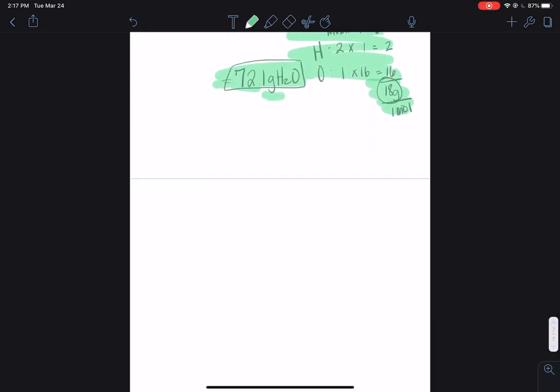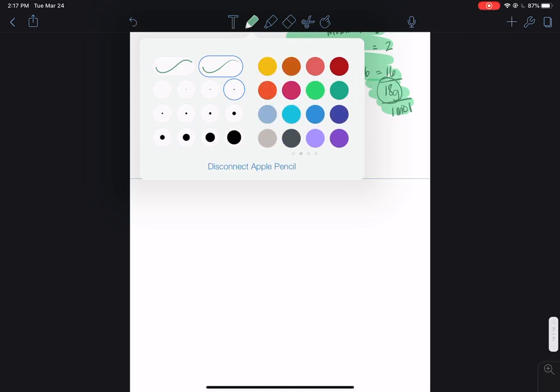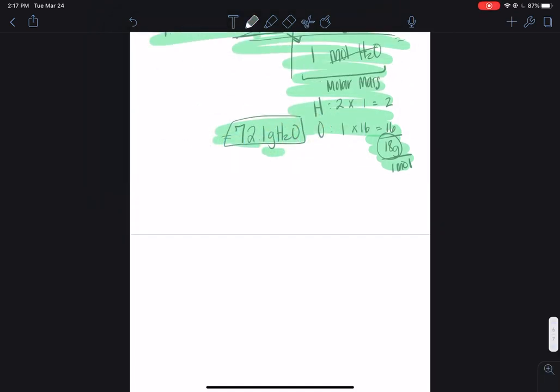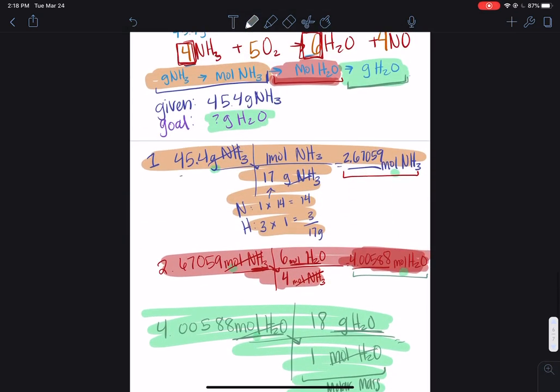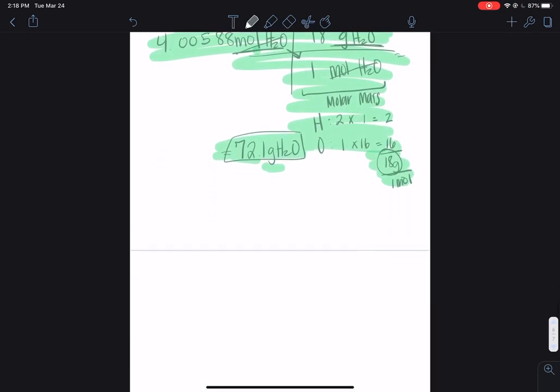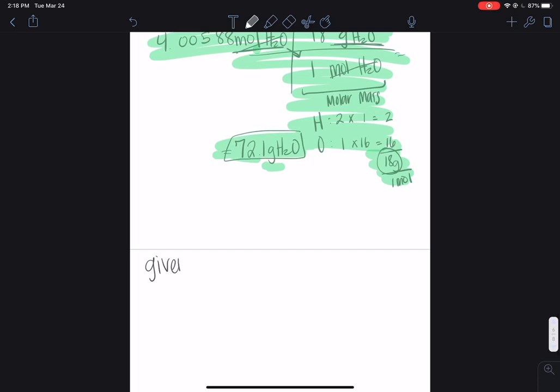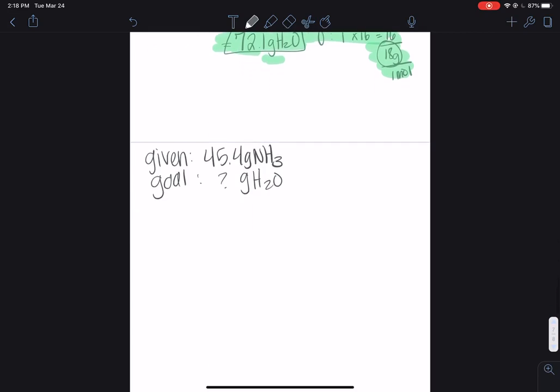Those of you who like to do it all together, you don't have to do all of these steps separately. You can start with what you're given, and you can work to your goal without doing all of those steps separately.